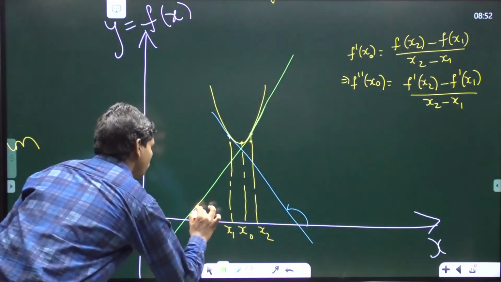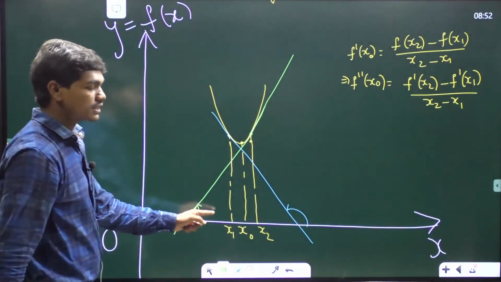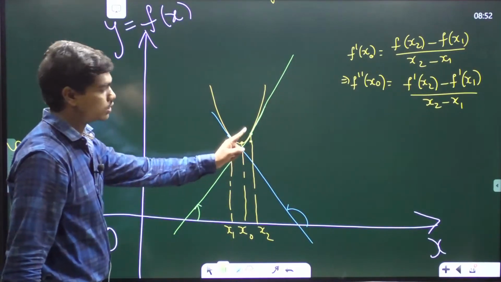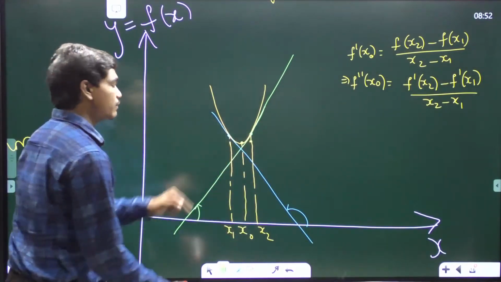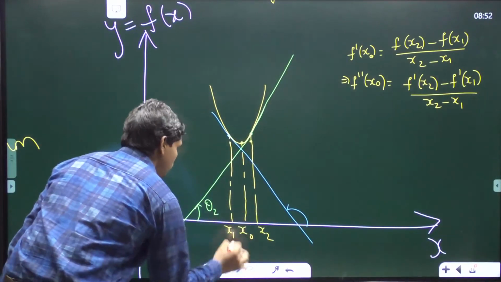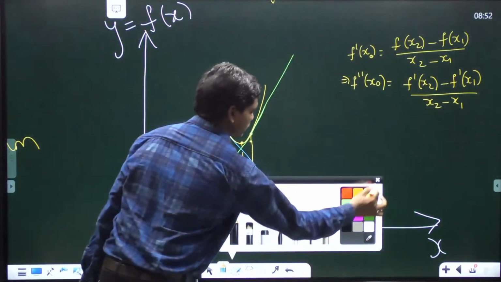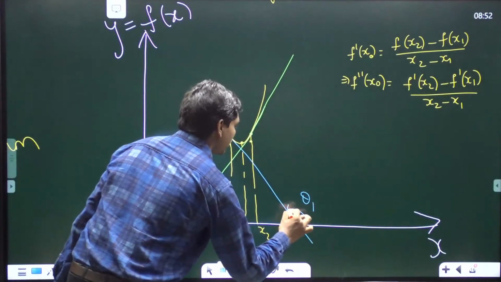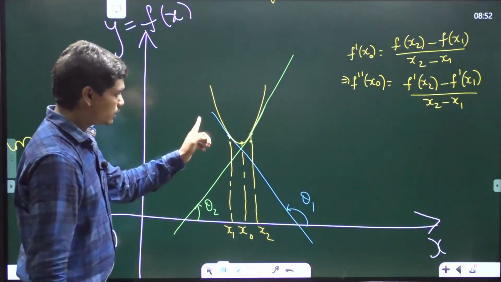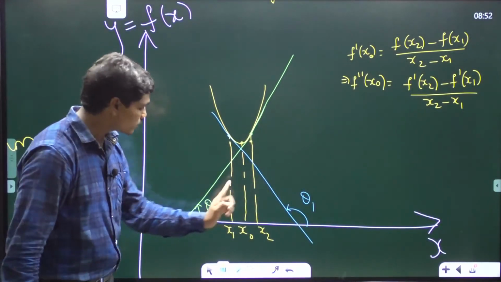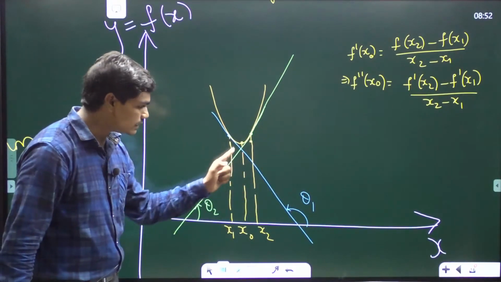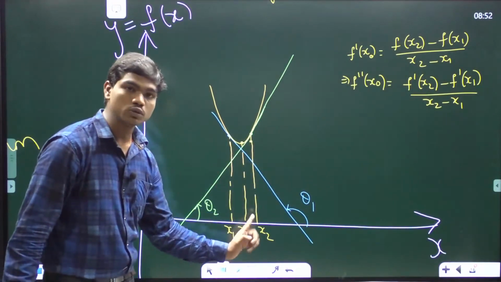This theta2 is the angle made by the tangent drawn at the point x2 to the curve f of x. Similarly, this is theta1. This blue tangent is drawn at the point x1, and this green tangent is drawn at the point x2.